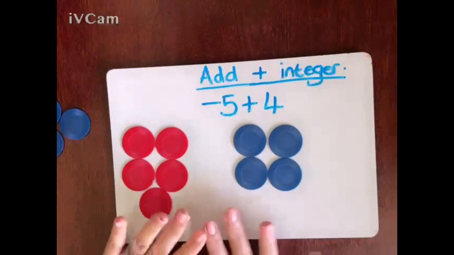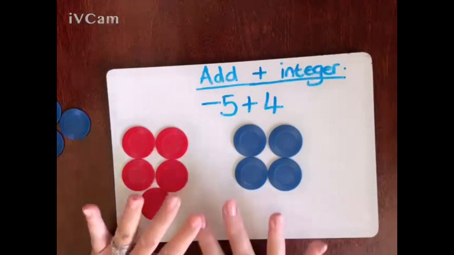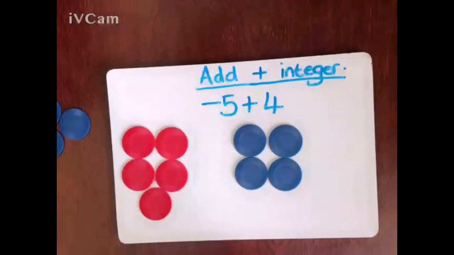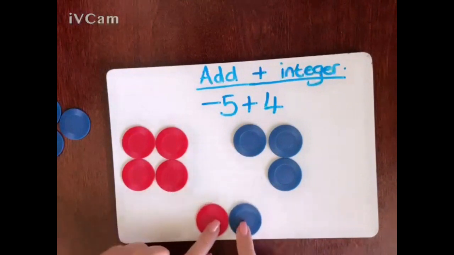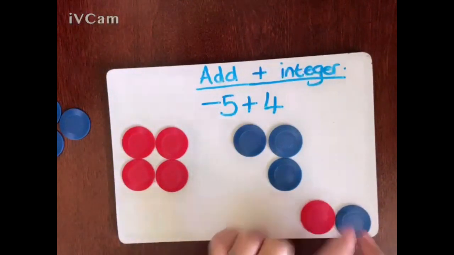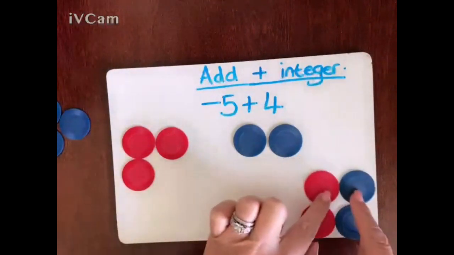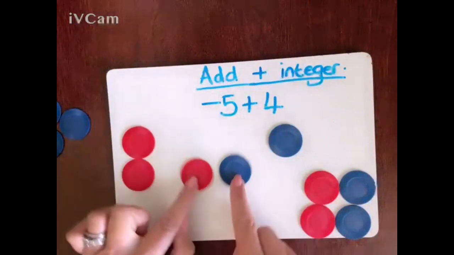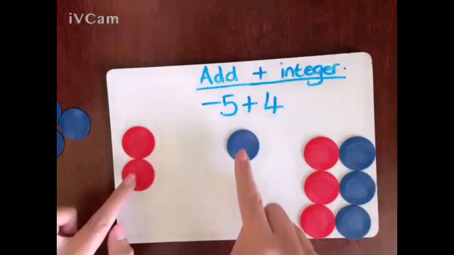So what am I going to do in this situation? Because this doesn't tell me anything. How am I going to count this? By making zero pairs. And as soon as I can make a zero pair, it forms 0. So that is 0. These two will form a 0. These two will form a 0.